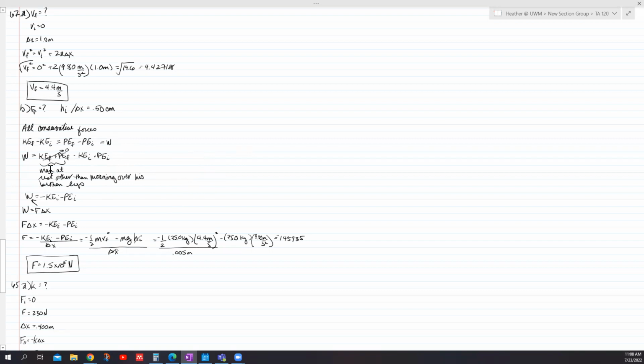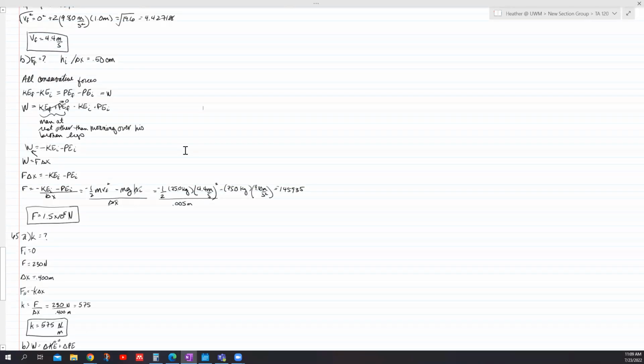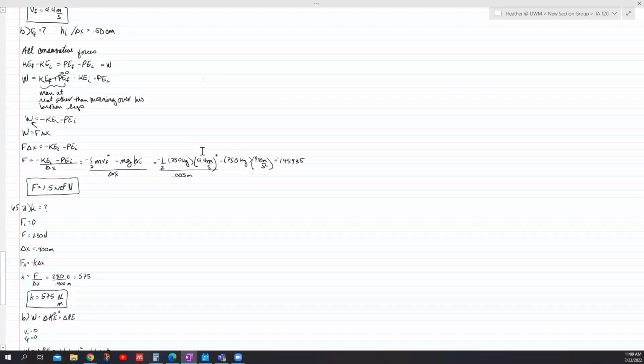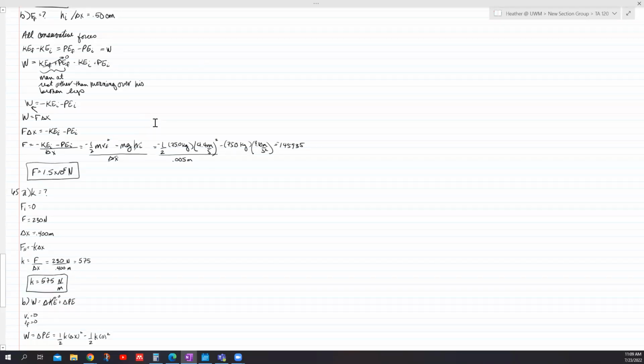His final kinetic energy is going to be 0 because he is hitting the ground. So we can say that work equals negative initial kinetic energy minus his initial potential energy. And we also know that work equals force times delta X. So we're going to say F delta X equals negative KEi minus PEi.